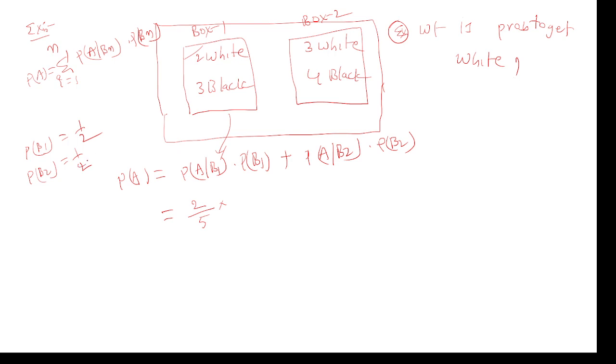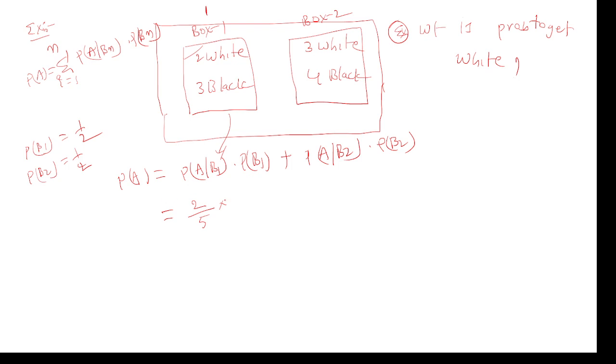Probability is favorable outcomes by total number of outcomes. Here the favorable is only 1 out of 2 boxes, so 1 by 2, and for box 2 also only 1 favorable out of 2 boxes. Therefore here we get 2 by 5 times 1 by 2, probability to get box 1, plus the probability to get a white ball from box 2.